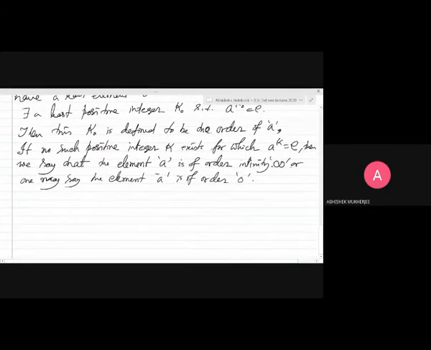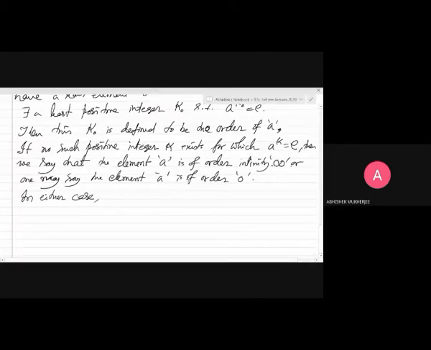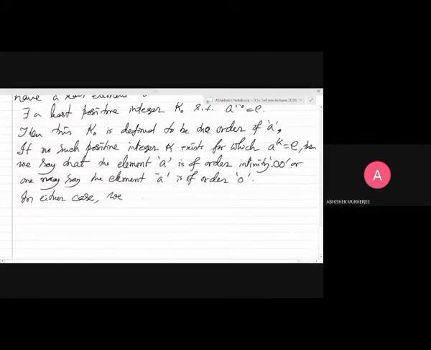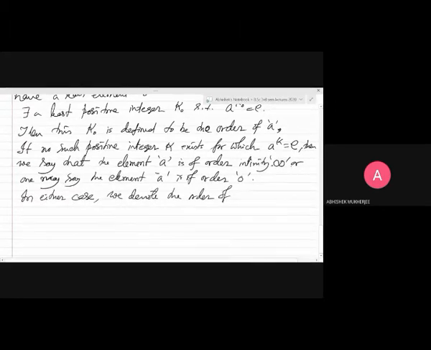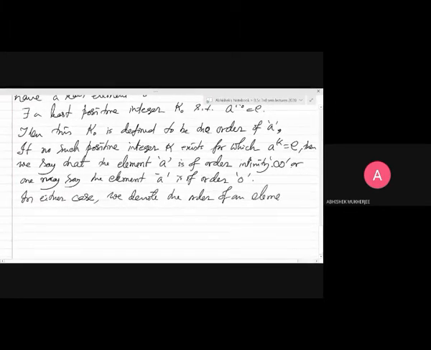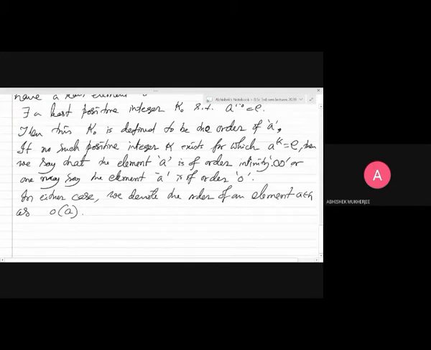Now, in either case, we denote the order of an element A belonging to G as O(A). So if it is a positive integer, then the order of A is positive, and otherwise it is 0.